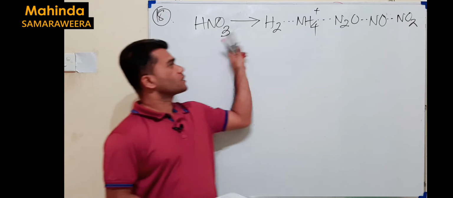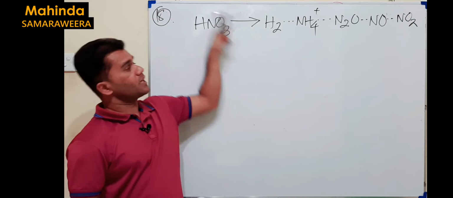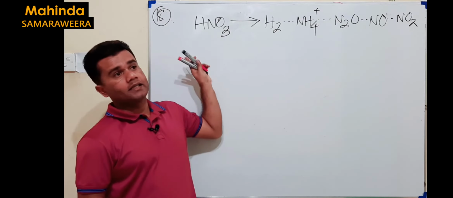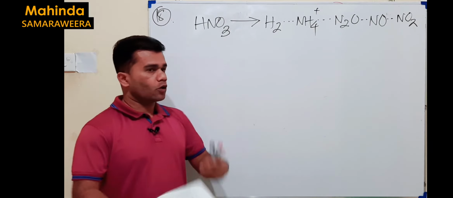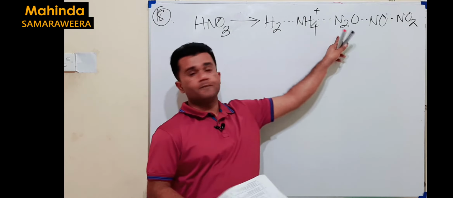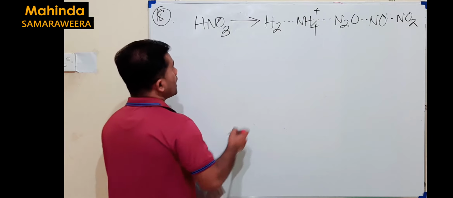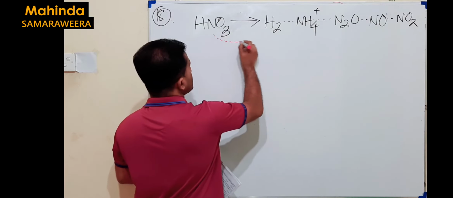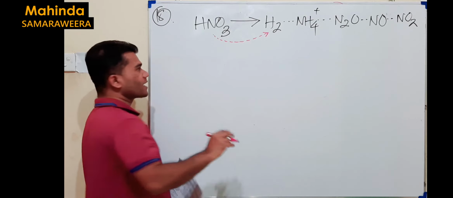But this depends on the concentration of nitric acid, the temperature of the reaction, and the nature of the metal we have. According to these factors, sometimes it reduces to this, sometimes here, sometimes here. So we get different products. In this particular case, hydrogen can be given. Nitric acid reduces up to hydrogen only with two metals. Remember that one.